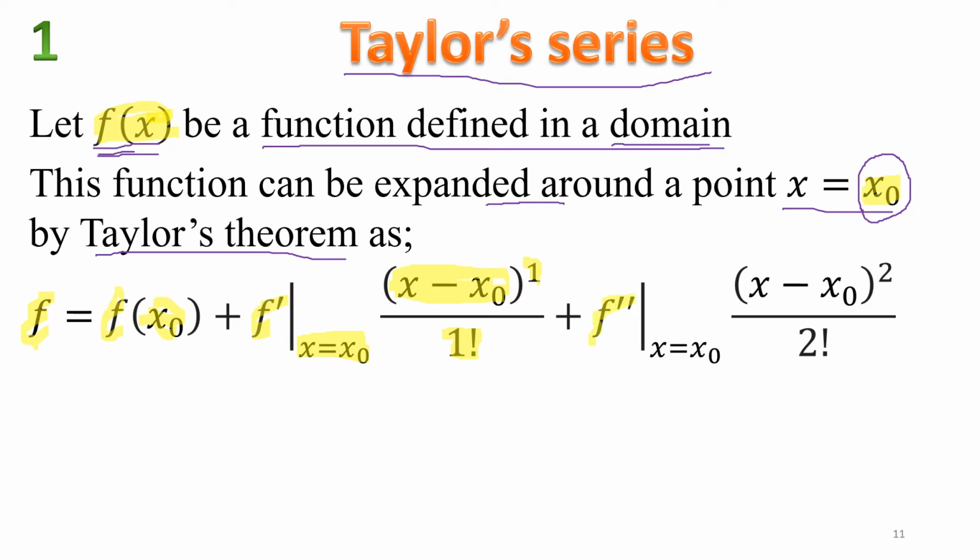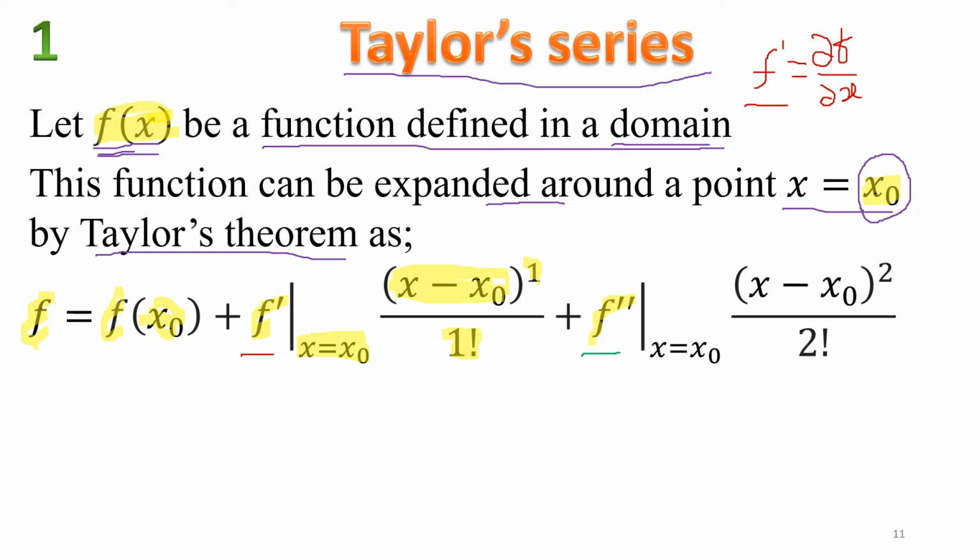So what is the meaning of derivative, I want to tell you. Here f dash means the partial derivative of f with respect to the variable we are talking about, x. So this one is f dash. Then we are talking about f double dash.